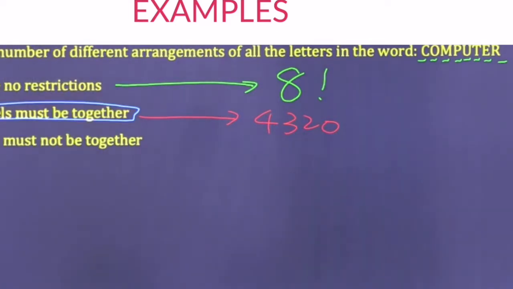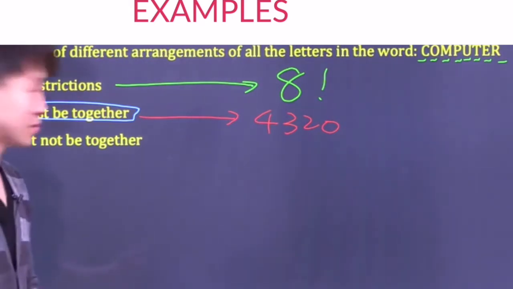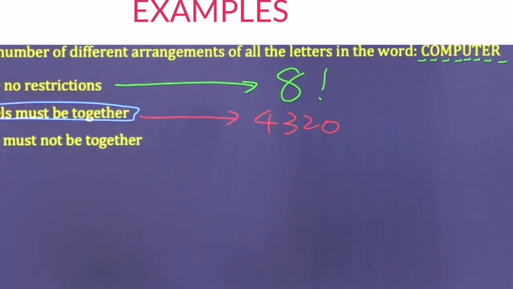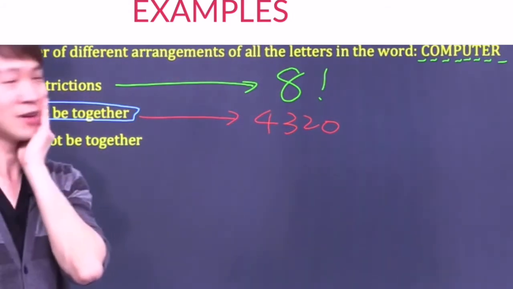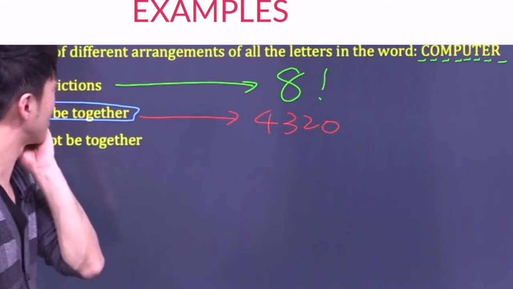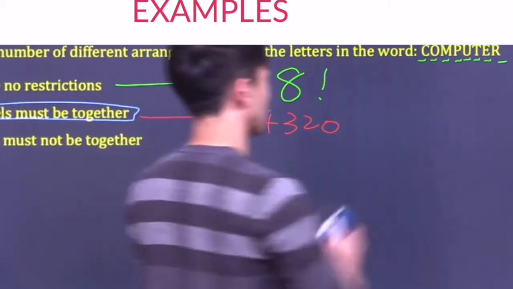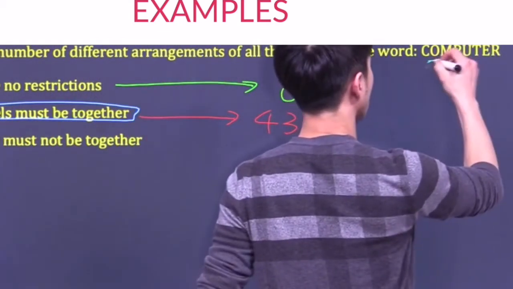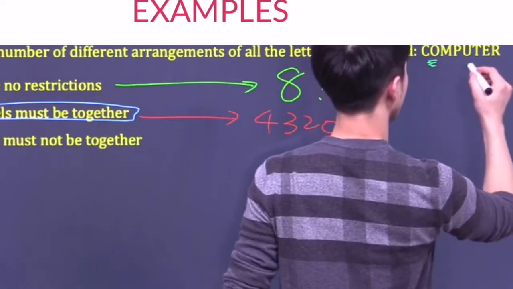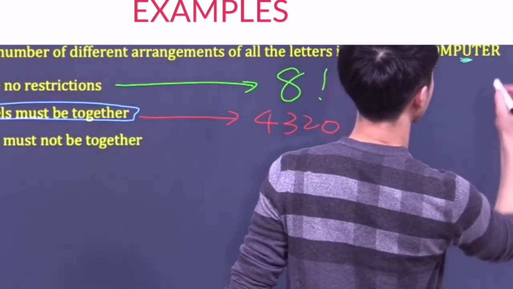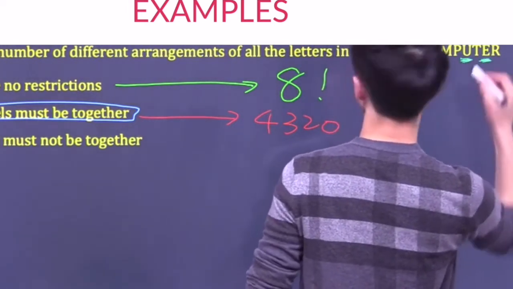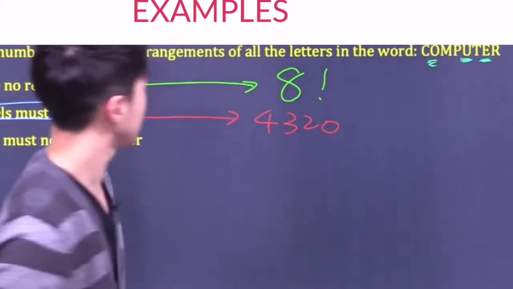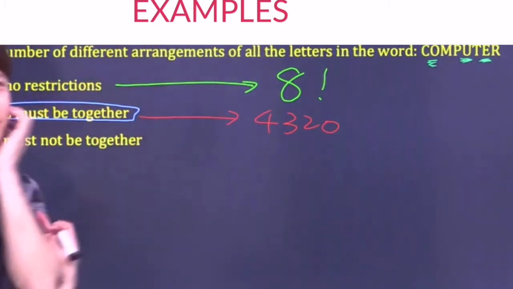Okay, now the question gives you another restriction. Now, guess what? The vowels must not be together. So that means the vowels O, U, E, right? They cannot be together.